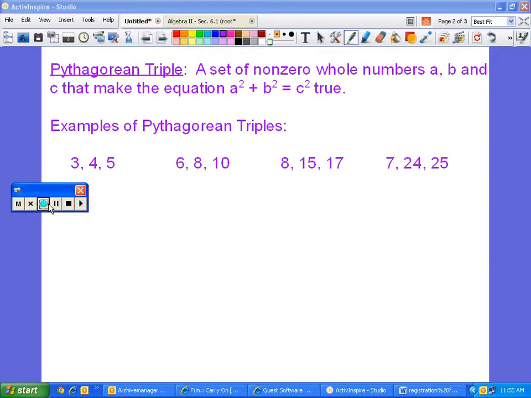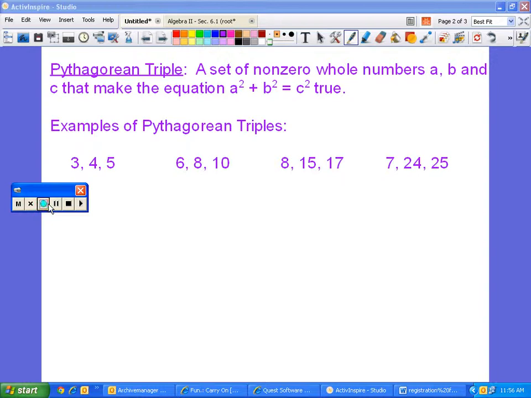So these are the 4 most common examples of Pythagorean triples. And they will pop up from time to time on homework, on quizzes, and on the EOC. Now this just means, Riley, that if I take 7 squared and I add it to 24 squared, that's going to give me 25 squared.